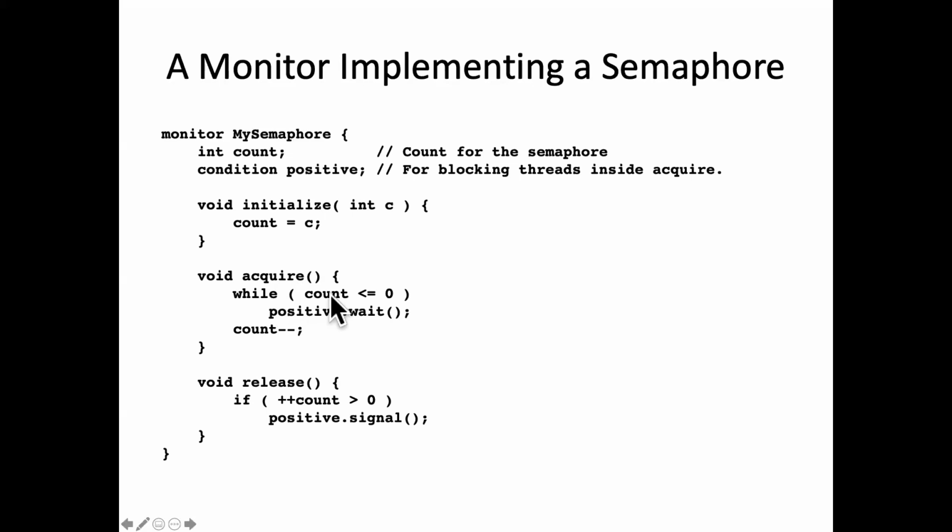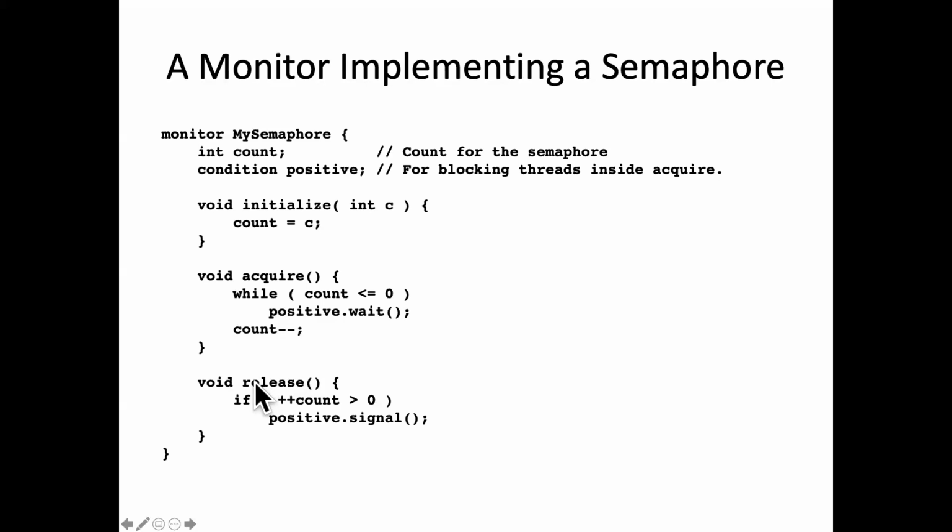As long as the count is 0 or negative, we're going to wait. And to do that, I need a condition variable. So I've got a condition variable. I called it positive here because I'm waiting for the value of the semaphore to be positive. Once it hits positive, I'm going to count on someone else to wake me up. I'll decrement the count and then return. So acquire is pretty easy to write, just using monitors.